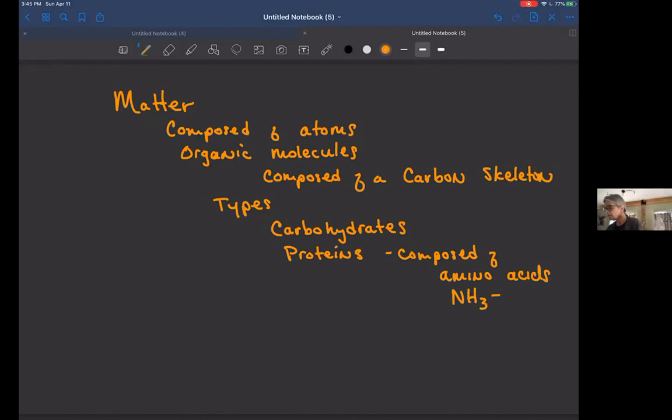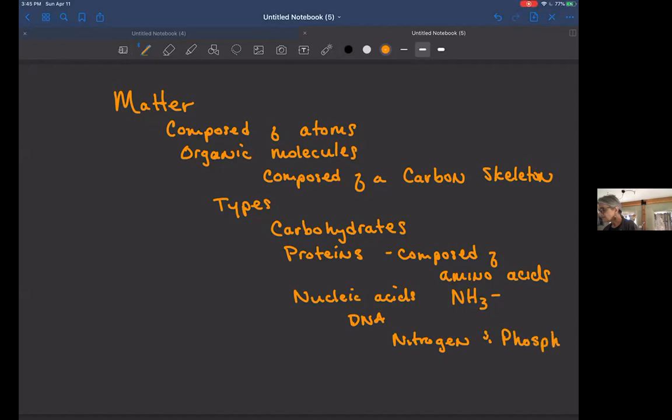We also have nucleic acids. An example of nucleic acid would be our genetic material, which is DNA. And this also contains nitrogen. Another thing that the DNA contains is phosphorus. So we have nitrogen and phosphorus.